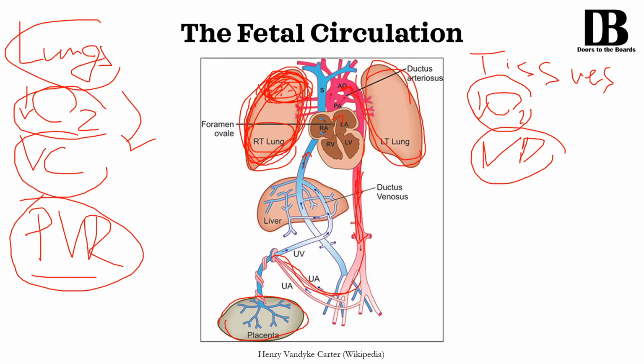So with this high pulmonary vascular resistance and this low systemic vascular resistance due to the placenta easily favoring the blood flow from the umbilical arteries, you create the situation where the aorta has less pressure than the pulmonary artery, where the right atrium has less pressure than the left atrium. So all of this favors the shunts of the foramen ovale as well as the ductus arteriosus.